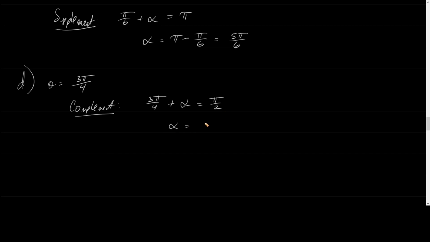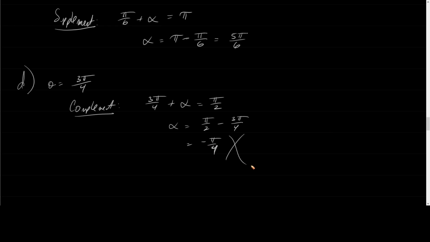So I get that alpha would be pi over 2 minus 3 pi over 4. But in terms of fourths, pi over 2 is just 2 pi over 4. 2 pi over 4 minus 3 pi over 4 is negative pi over 4. So we found that our complement is negative pi over 4.